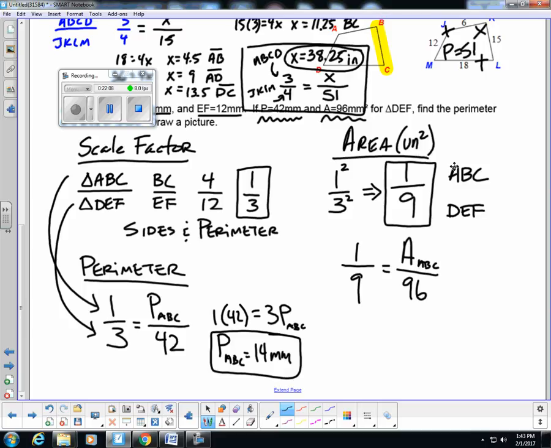Cross multiply. 96 is equal to 9 times the area of ABC. And then we got to go 96 divided by 9. So the area of ABC is equal to 10.7 millimeters. And that's it.